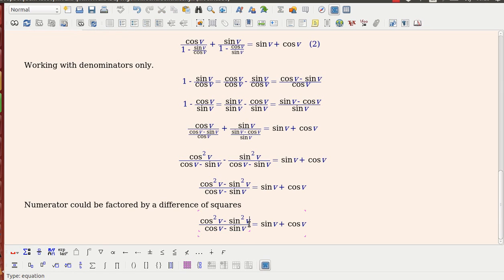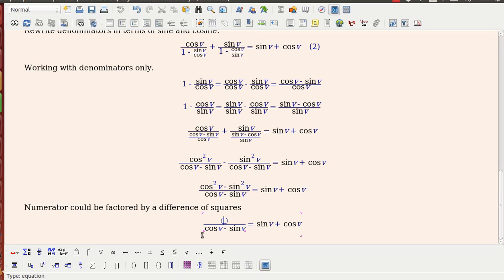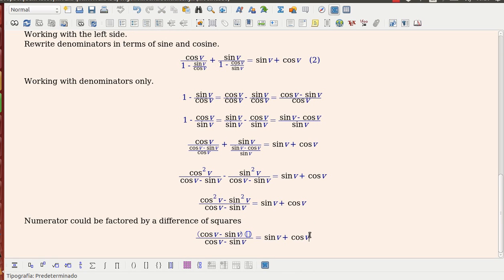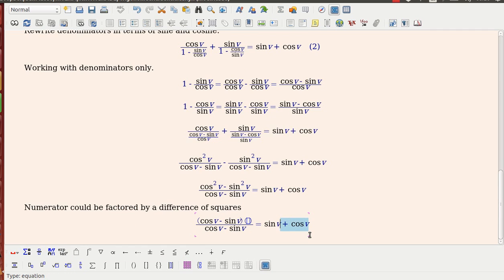So cosine square of b minus sine square of b will be cosine of b minus sine of b times cosine of b plus sine of b, following the difference of squares formula.